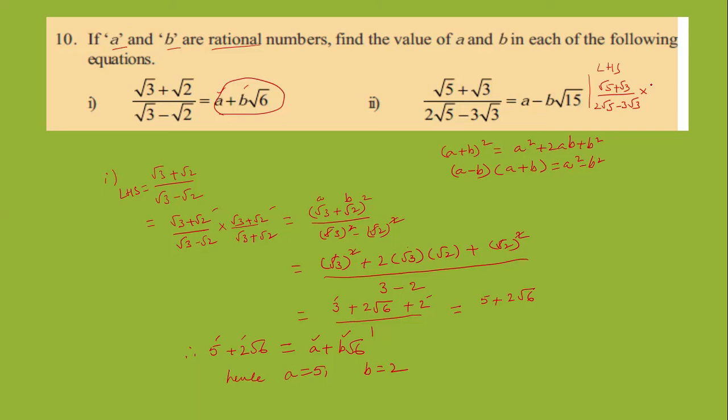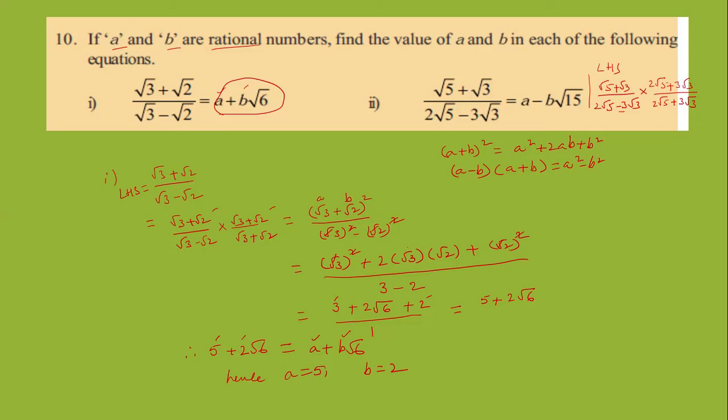What we did in the first question, after the multiplication symbol you write 2 root 5, here in the denominator minus, so here you write the opposite symbol plus 3 root 3, in the numerator and the denominator also. In this manner, first you rationalize the denominator.